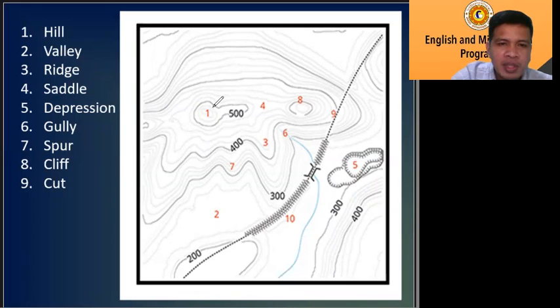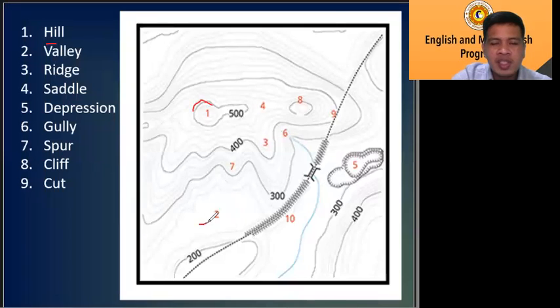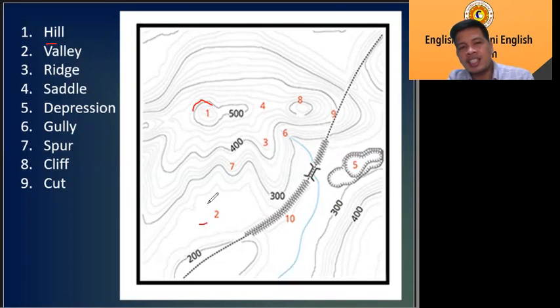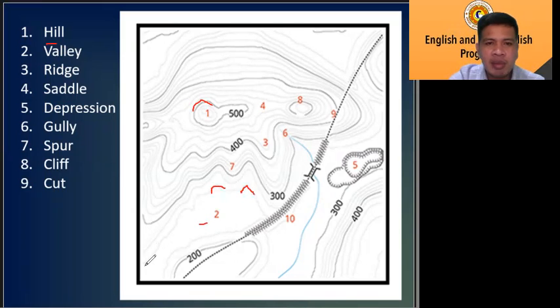Number one, if you see this on the map, it represents a hill. Number two, this one represents a valley. You can see V lines here. Number three, this one is a ridge.